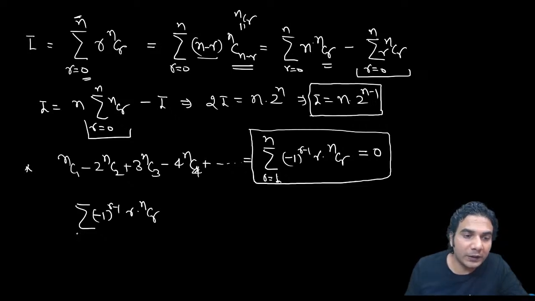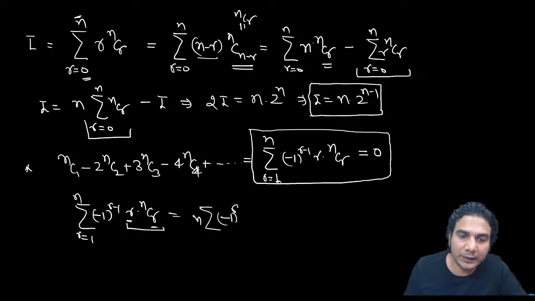So we'll apply the formula. I'll use the first method in this case. So r nCr can be written as, you can always apply that formula if these two numbers are same. So yes, they are same. It is going to be n, we'll write n outside, minus 1 raised to r minus 1 as it is. It will become (n minus 1)C(r minus 1), and r from 1 to n.